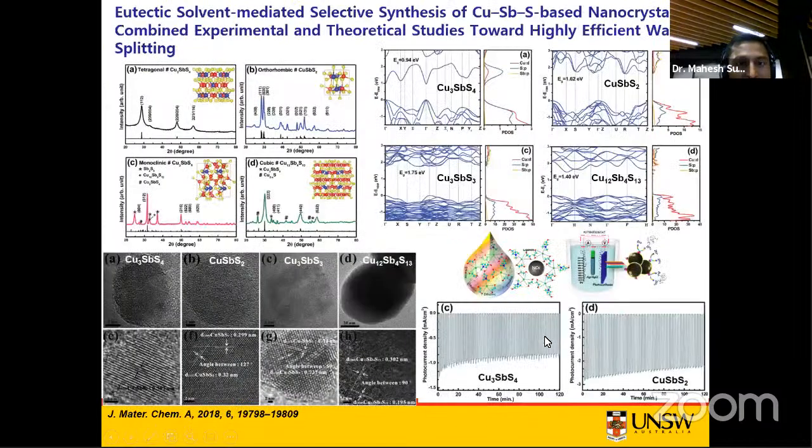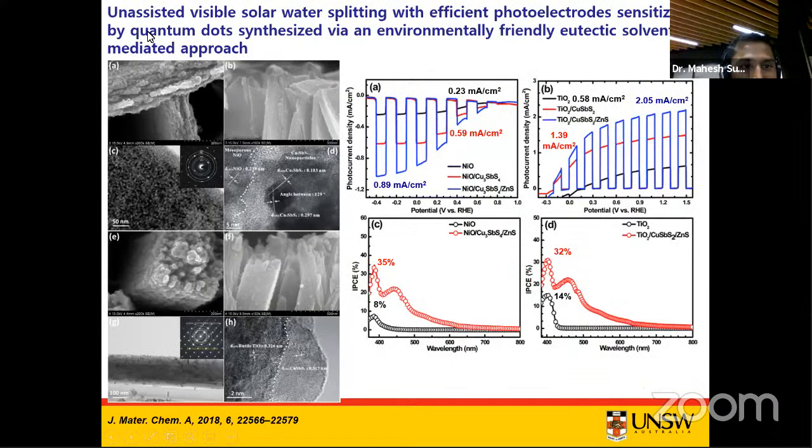So what we did next, using the same Cu3SbS4 compound as well as the CuSbS2 compound, we carried out ultraviolet photoelectron spectroscopy characterizations, and we found the band alignment of these two compounds.